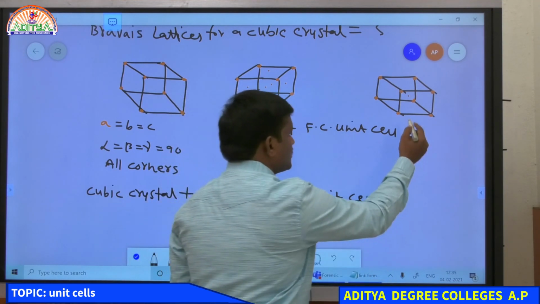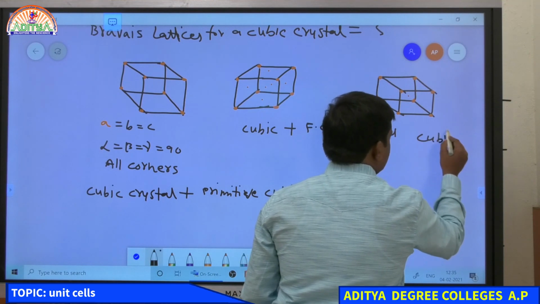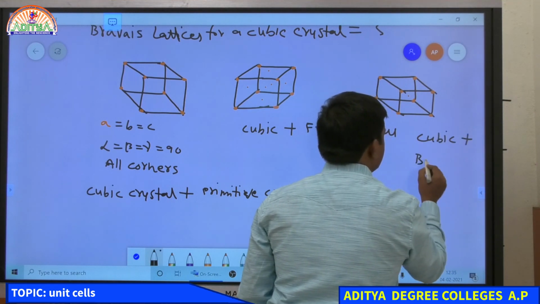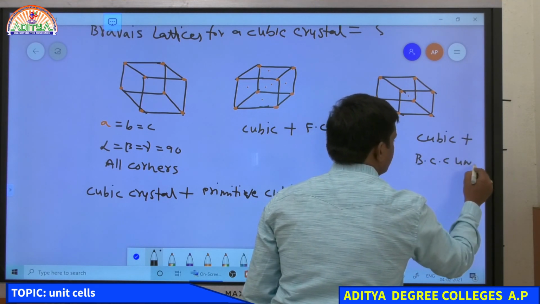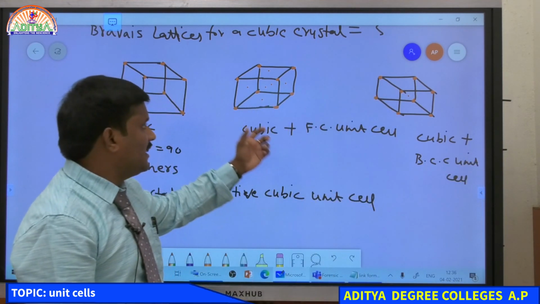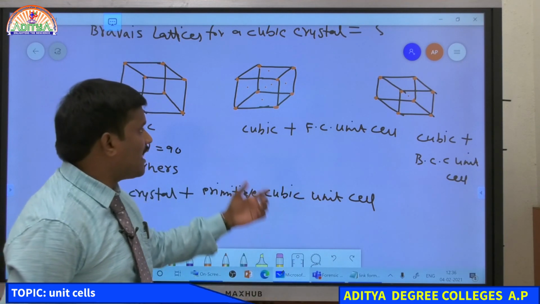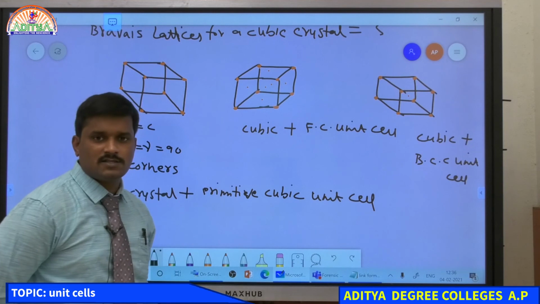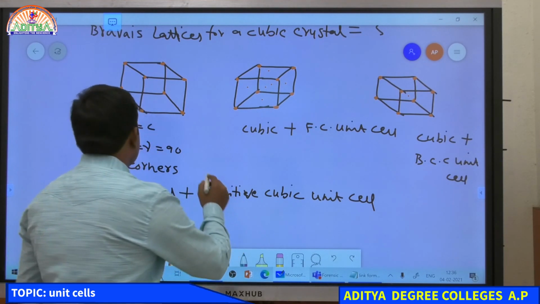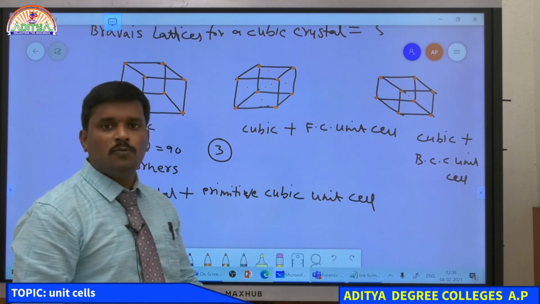Therefore, it is a cubic crystal with a BCC unit cell. Therefore, there are 3 types of unit cells present in a cubic crystal, and the Bravais lattices for a cubic crystal is equal to 3. These are the 3 Bravais lattices that exist for a cubic crystal.